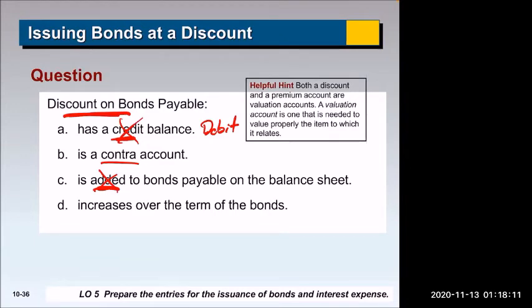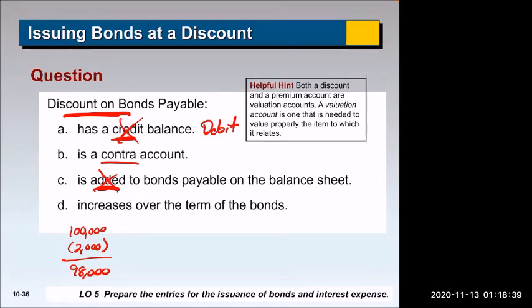Okay, so let's talk about this for a minute. This discount, so I had $100,000 minus 2 gives me a face value of $98,000. Over time, I'm going to decrease every year. I'm going to amortize this discount.